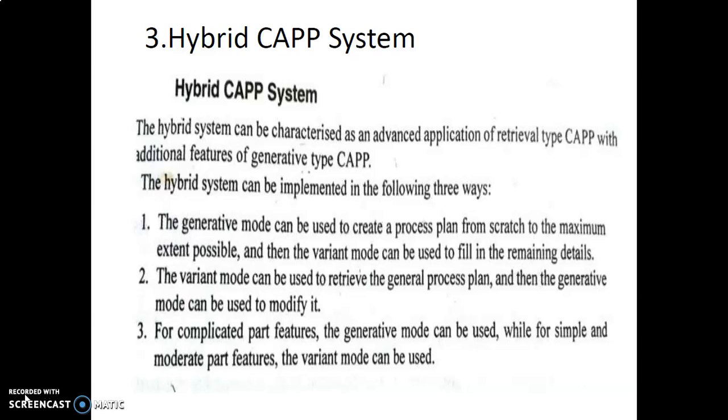Or the variant mode can be used to retrieve the general process plan, and then the generative mode can be used to modify it. For complicated part features, the generative mode can be used, while for simple and moderate part features, the variant mode can be used.